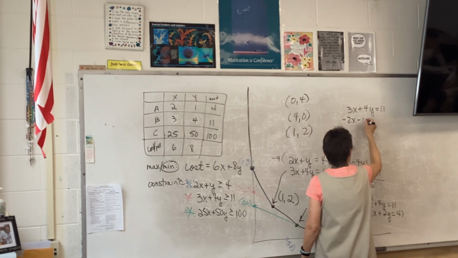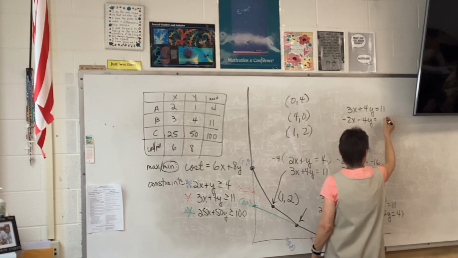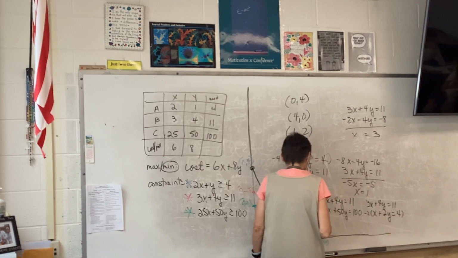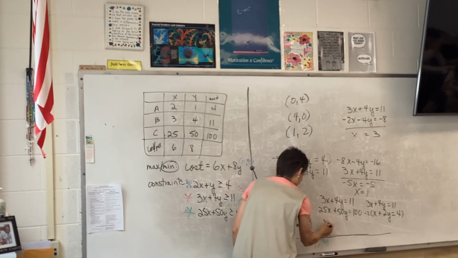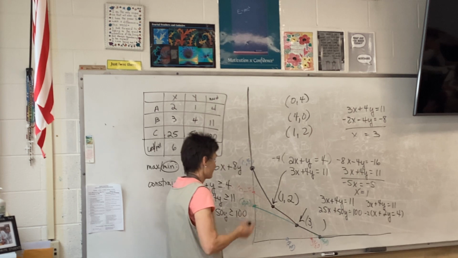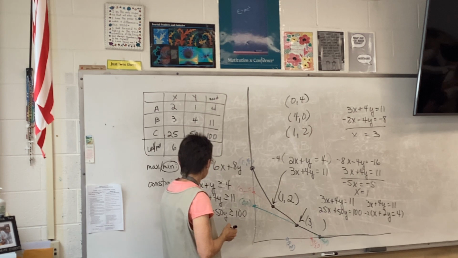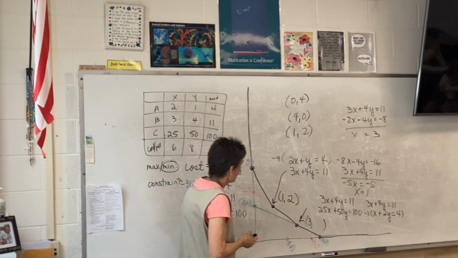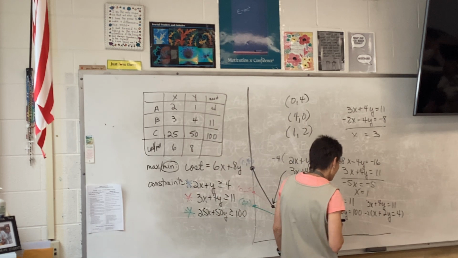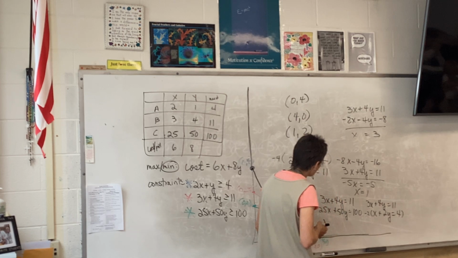You shouldn't need my help on this. You should be cranking this out on your own. I got x equals 3. My picture's off. Doesn't matter. If x is 3, then it looks like y is, wait, is x 3?